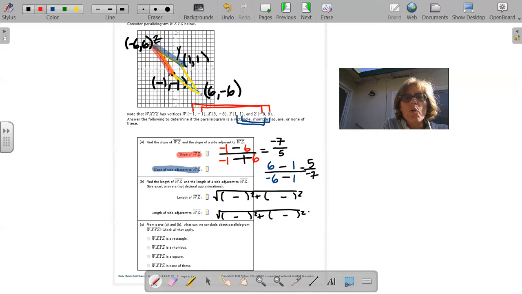We're going to go -1 and -6. And then -1 and +6. That's x minus x, y minus y. Something adjacent, that's going to be yz. So x to x, 1, -6. 1, +6.